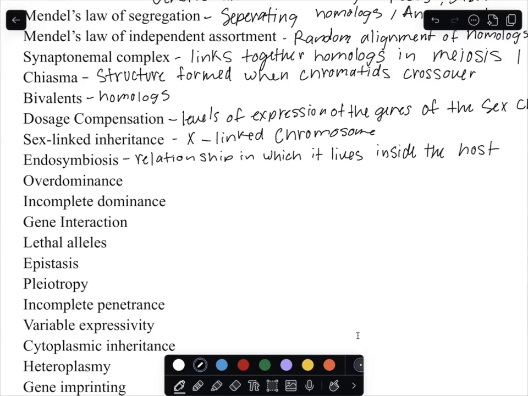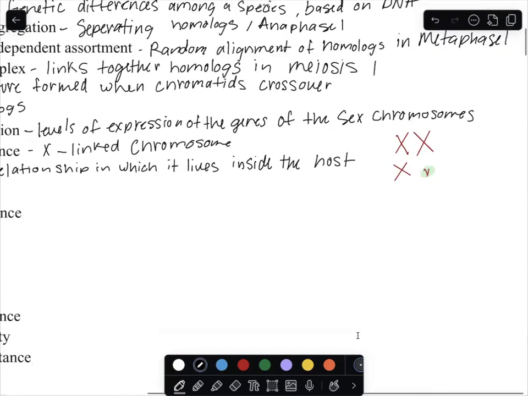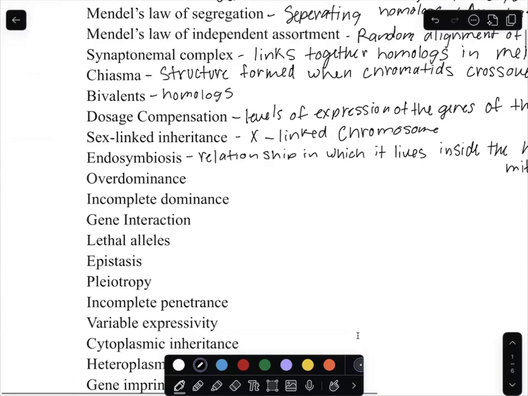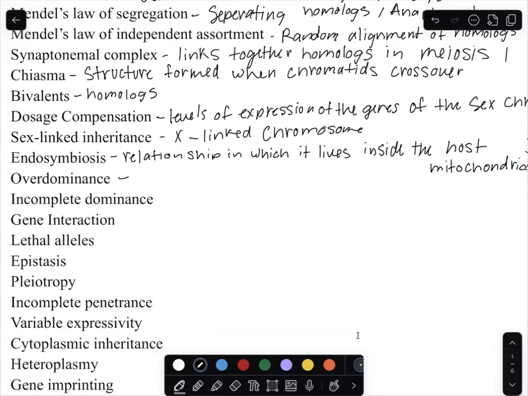And this is both beneficial to the host and the organism that is living inside the host, which is mitochondria in our case.